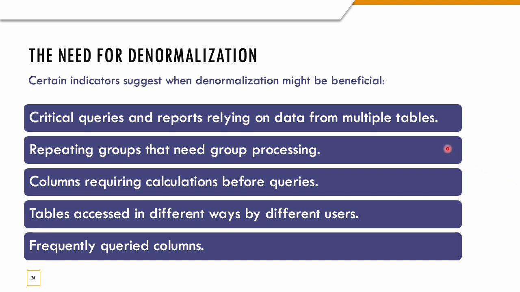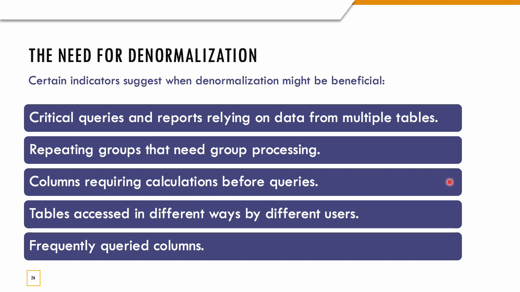And then repeating groups that need group processing. For data structures with repeating groups that must be processed together, denormalization can simplify queries and speed up the access by consolidating data into a single table.